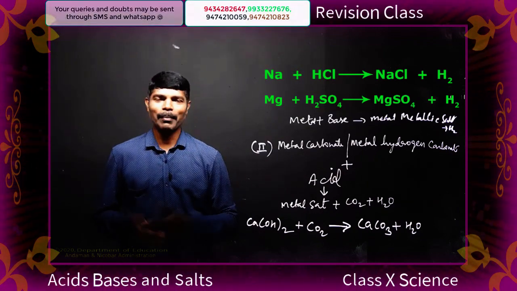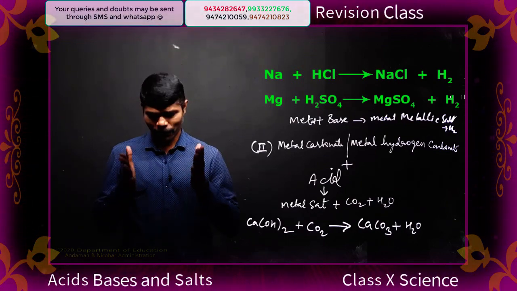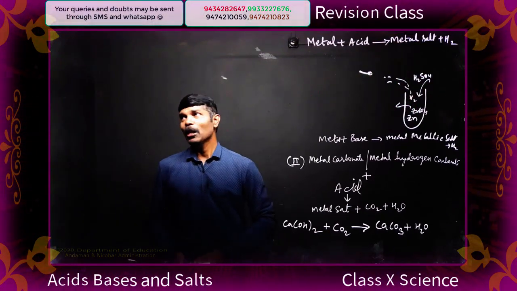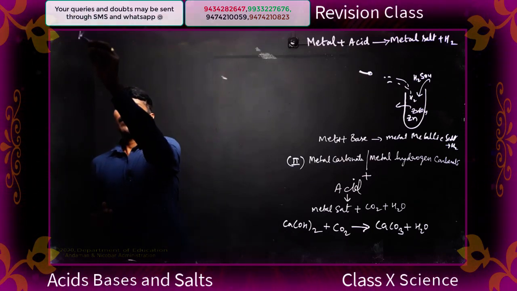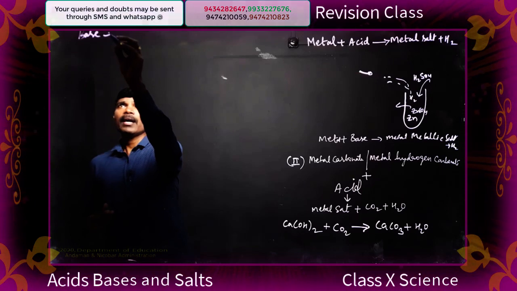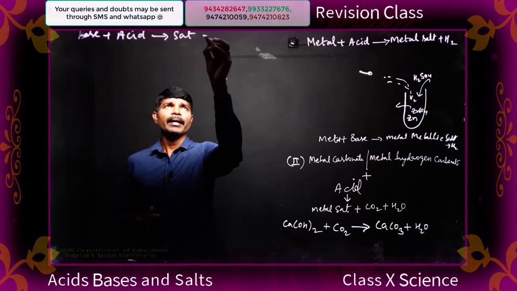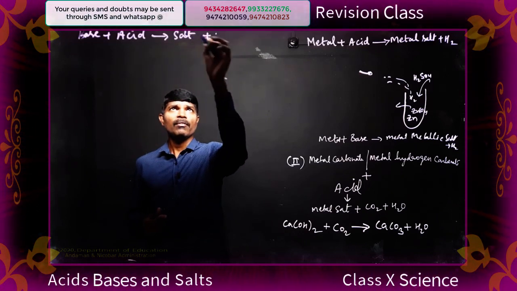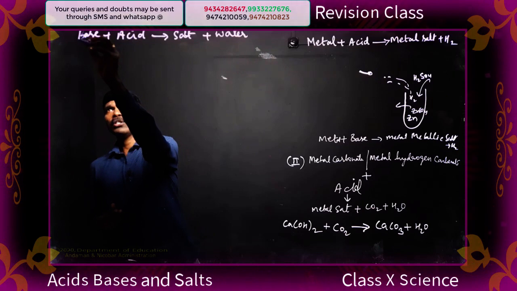The third important chemical property is what happens when acids react with bases. Very important and very interesting to understand. In general, when a base reacts with an acid, we get salt and water. This is the general reaction you should keep in mind.